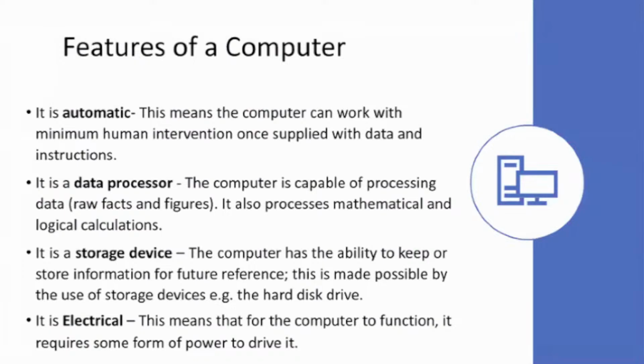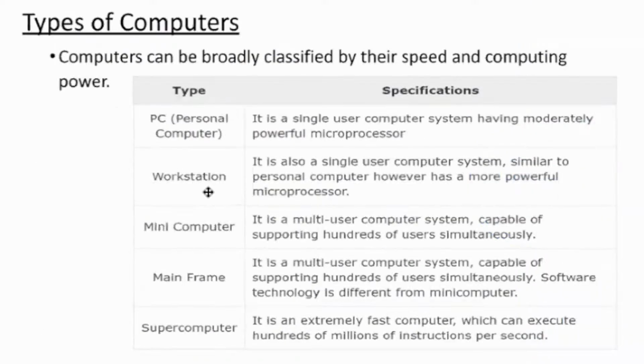Okay, so when we are going with a workstation, we have a more powerful microprocessor than the PC, the desktop personal computers. We recommend some work to do with this workstation.